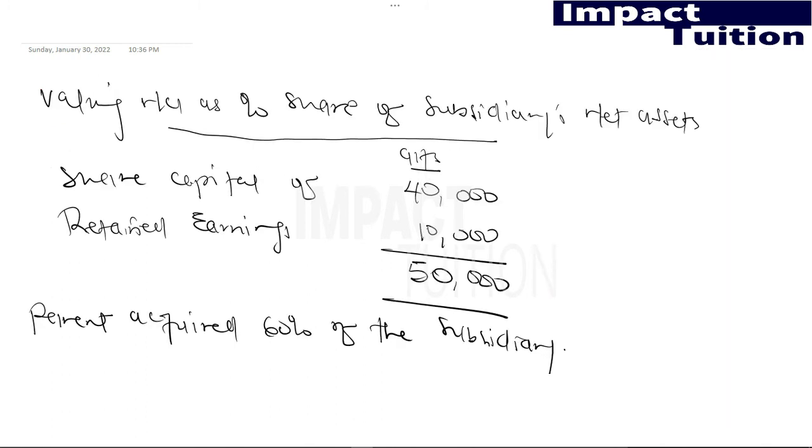The question says that the parent acquired 60%. So that means the remaining 40% is attributable to NCI.